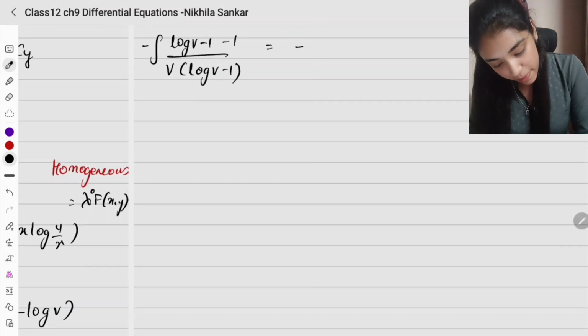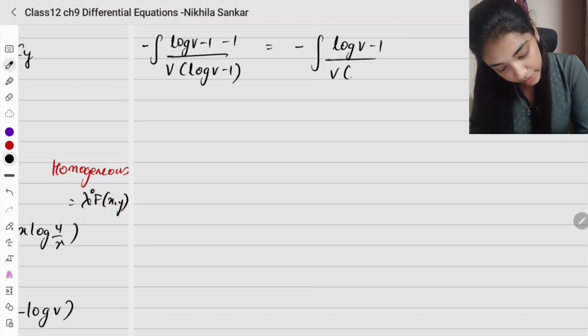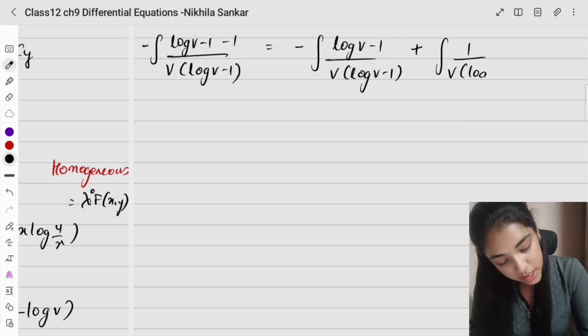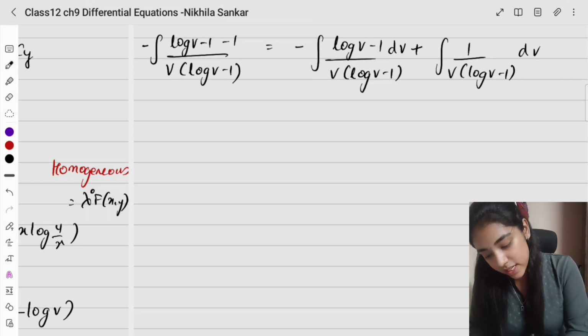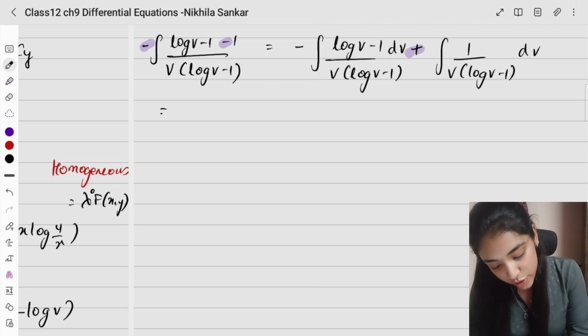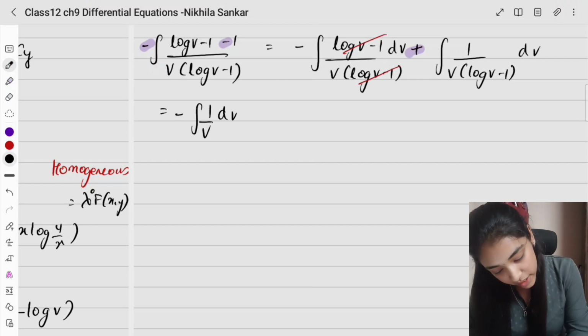So this is going to be minus of log v minus 1, the whole divided by v times log v minus 1, plus 1 divided by v times log v minus 1, dv. Clear? Here this minus and this minus became plus. Now log v minus 1 gets cancelled. So I'll be left with minus of 1 divided by v dv plus integral.